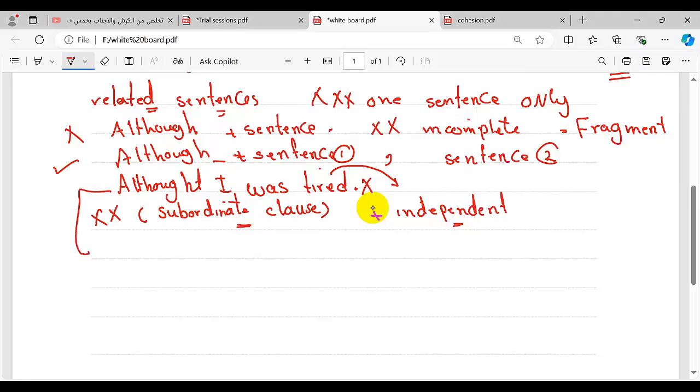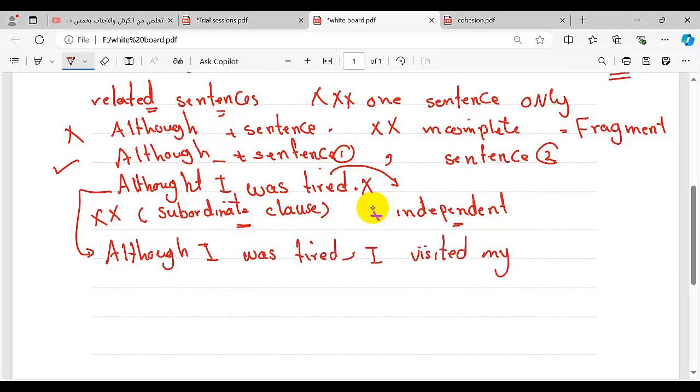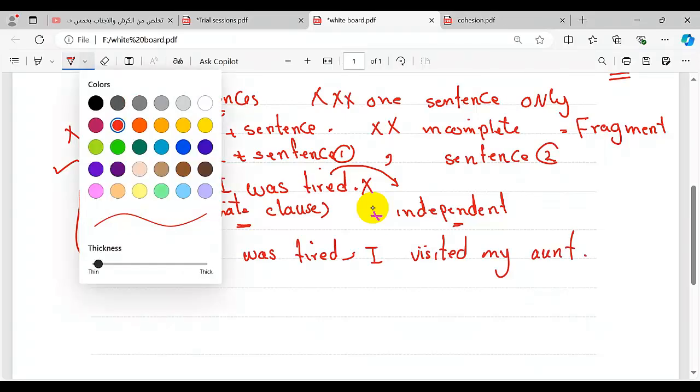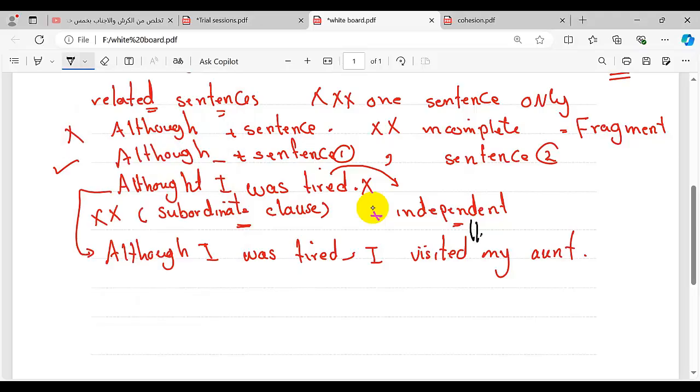How to correct this sentence? Although I was tired, what happened? I visited my aunt. So what happened here is I added the independent clause, which is I visited my aunt, and here is the subordinate clause, which includes the subordinating conjunction.